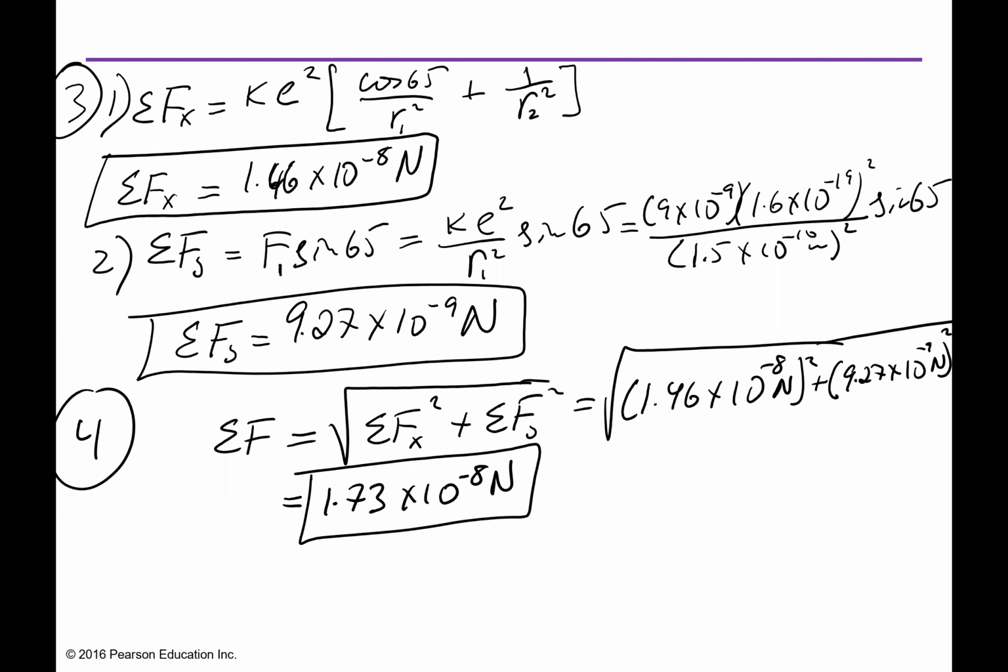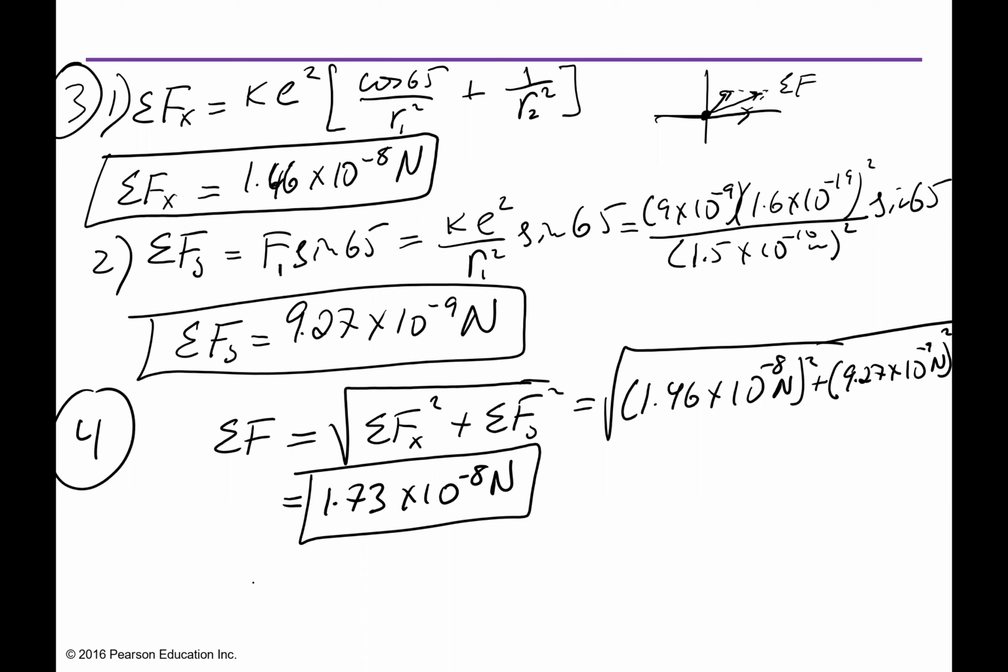That's the strength of the force that the proton will have exerted on it. But what will be the direction of this force? Remember, here's our proton, it's being pulled in this direction and in that direction. So in which direction will it move? If you remember the graphical method of vector addition, hopefully you can see that if I construct a parallelogram, the force will be in that direction. That's the direction of the net force.